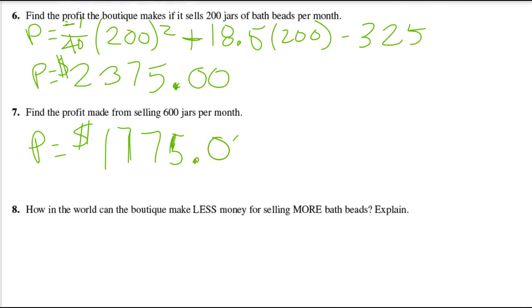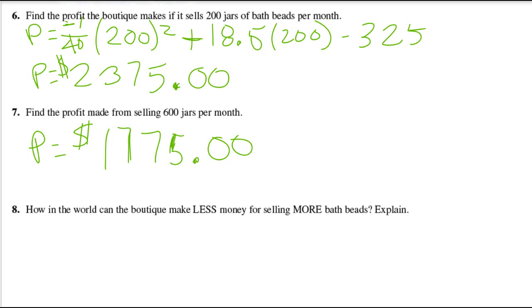I was a little concerned initially that my profit should have gone up, but if we think about it, we found that when we sell more jars, we have to lower the price. As we lower the price, we're making less per jar. We sell more jars, but we make less.